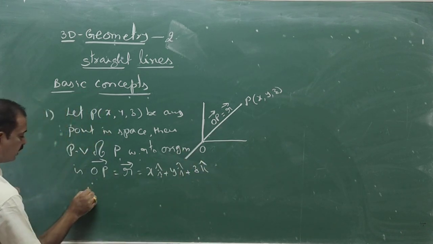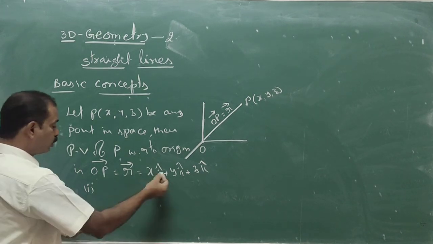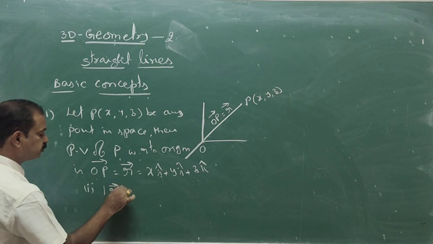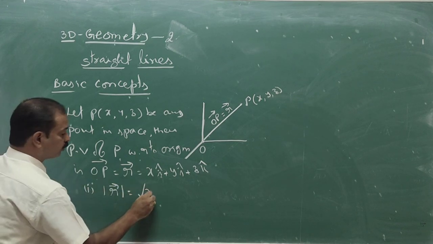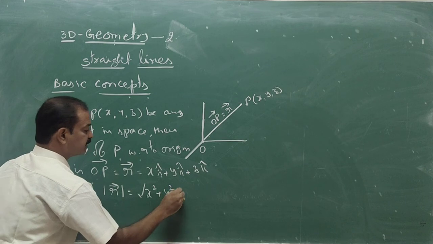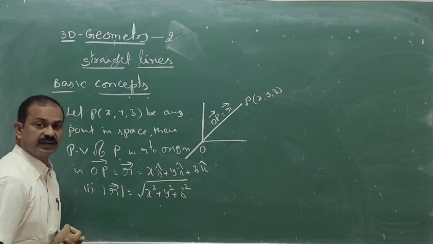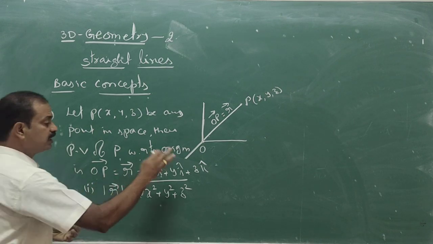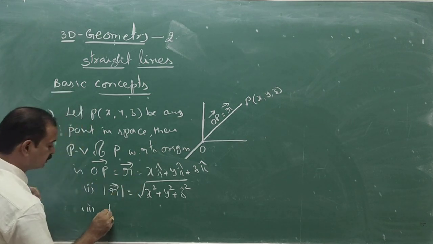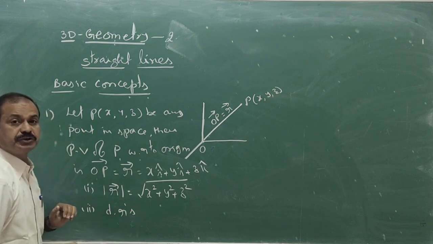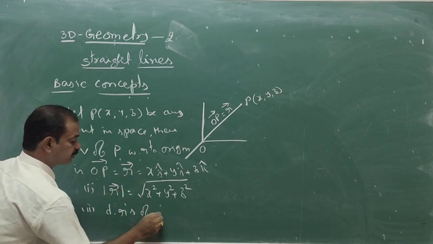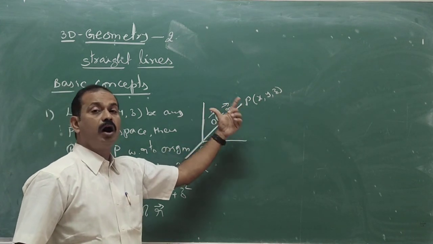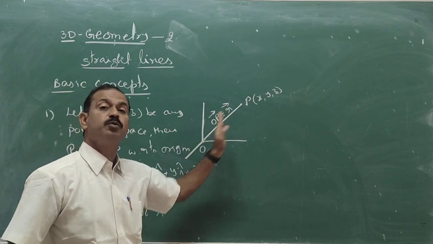The magnitude of r is equal to the square root of x squared plus y squared plus z squared. The second one is the direction ratios of vector r, or direction ratios of the line OP.